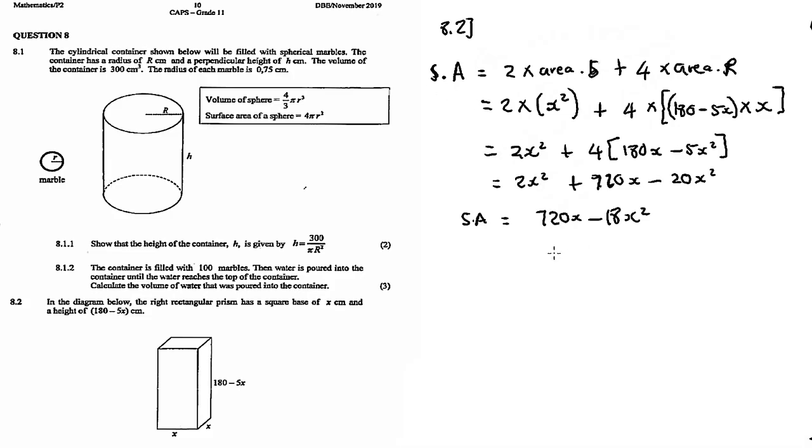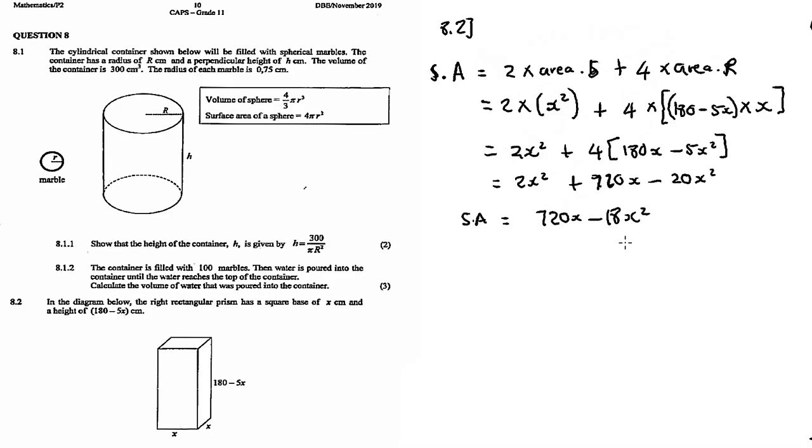So the surface area can be expressed as 720x minus 18x squared. Okay, it's for the maximum. So this is a parabola. Let me explain.